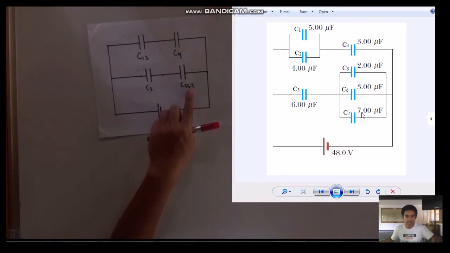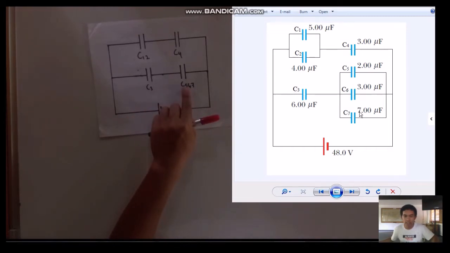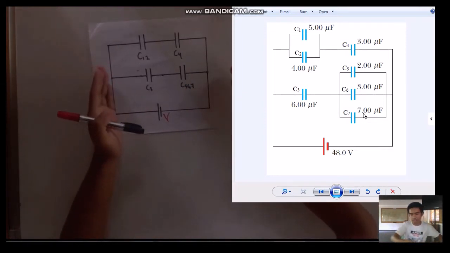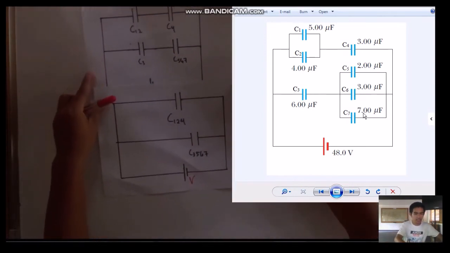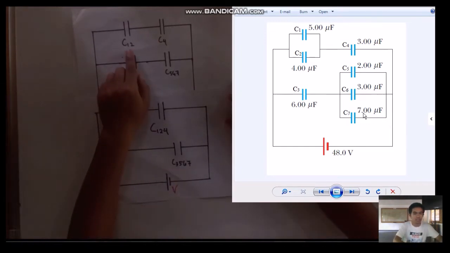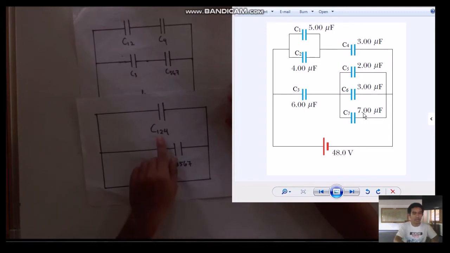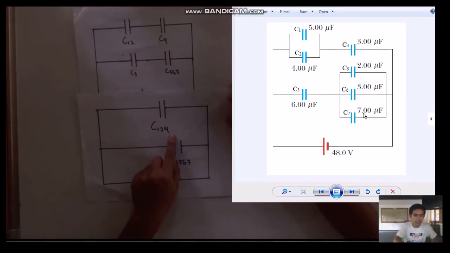Next, C3 is in parallel with C567, so we can still simplify this circuit diagram. So this is the more simplified circuit diagram. Since C12 and C4 are connected in series, we have the combination C124.